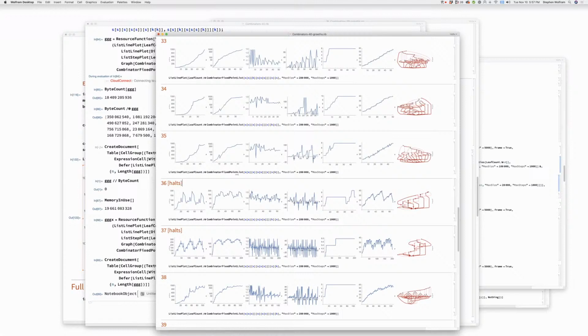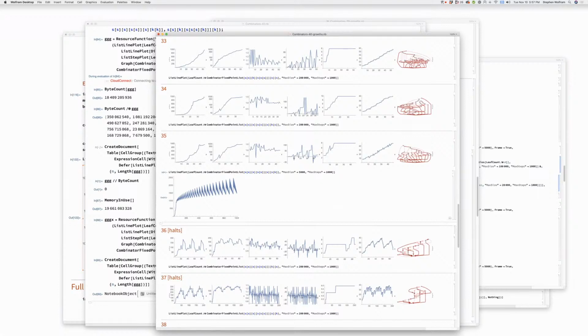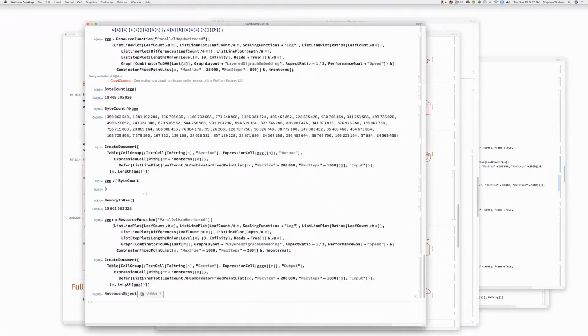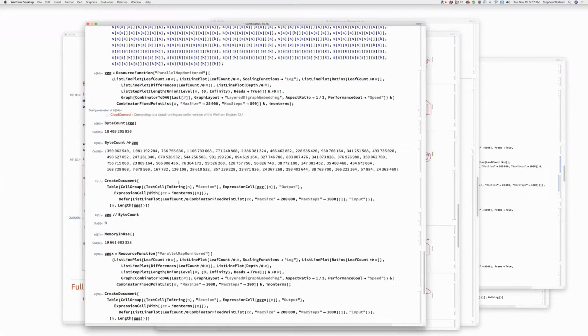That one looks kind of interesting. So let's go to size 5,000 there, for example. Oh, that's that guy. What's interesting is that that plot is comparatively irregular for that case.